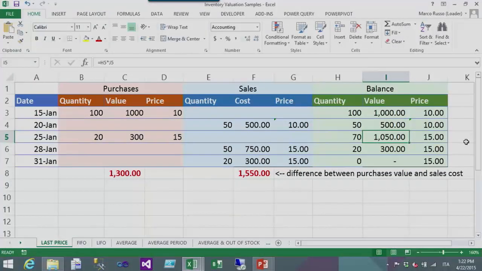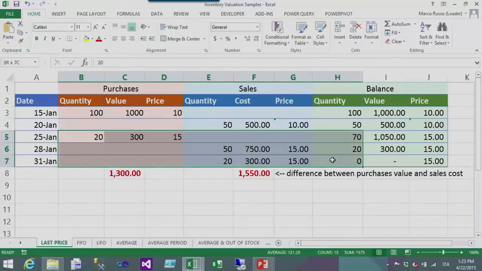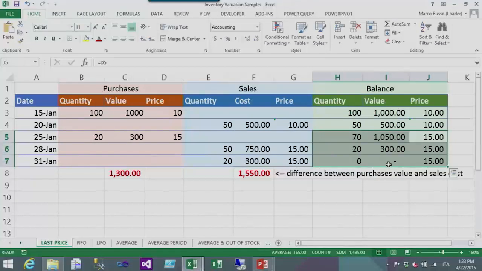Why do I have something more? I added value just because the price increased, and in this technique I want to see this number. At that point, every time I have a sale for these goods, I always apply the last price. So as you see, once I have 15 here, any following transaction and all the evaluation use this 15.